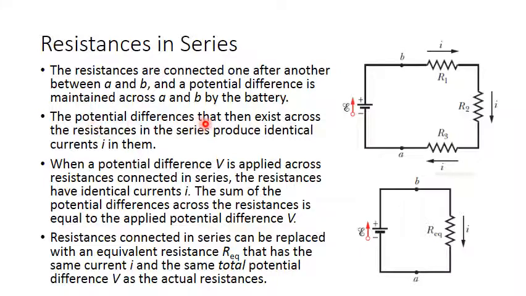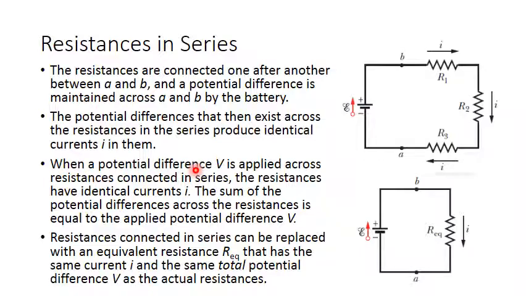The potential differences across the resistances in this series produce an identical current I in them. Because these resistances are connected in series, the current flowing through resistance 1 passes through resistance 2, and then through resistance 3. So the current in series resistances is the same for all the resistors.